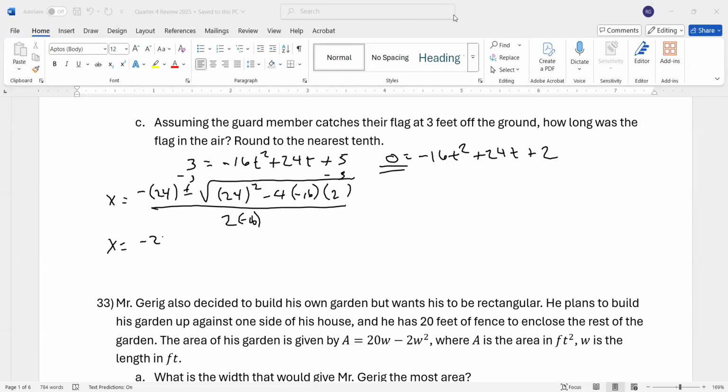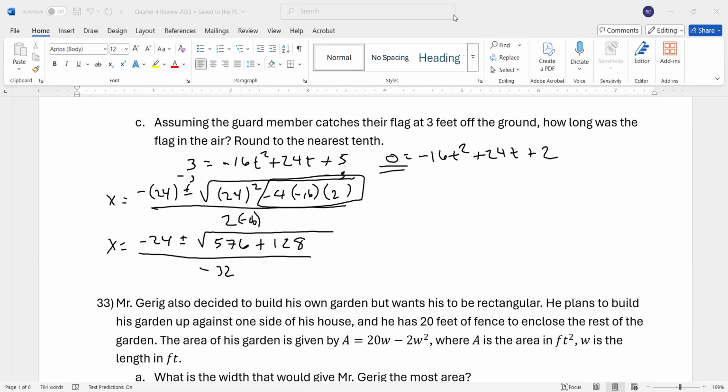That's negative 24 plus or minus the square root of 24 squared is 576. There are 2 negatives in there, so it's going to be plus 4 times 16 times 2. So 4 times 16 times 2 is 128, divided by negative 32.